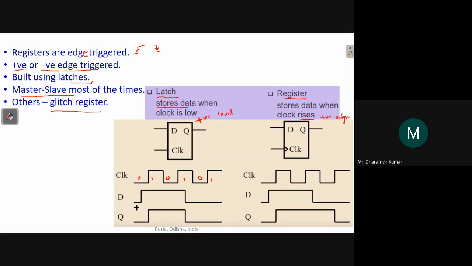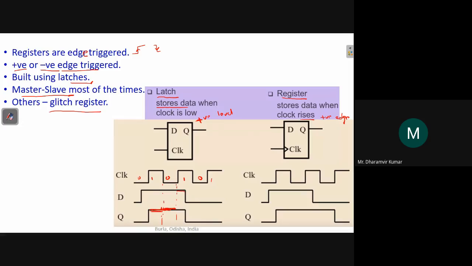So when it is in transparent mode, it copies the data, right? So till here, this output will be the same as input. And when it enters into 0, the last copied data is held for this duration of time. This will maintain the last copied data, and when again it goes into transparent mode 1, it starts following the input.